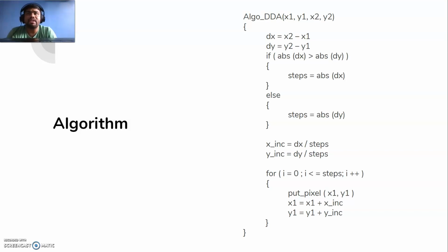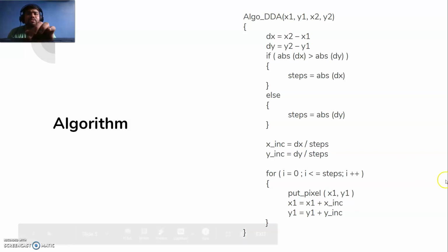Then we clearly see that in this case we don't use the signs to understand the number of steps. The number of steps is independent of the sign, and so we use absolute values of delta x and delta y. Whichever is greater is given to steps to become the number of steps. Using that number of steps, we get the x increment, which is delta x by steps, and the y increment, which is delta y by steps.